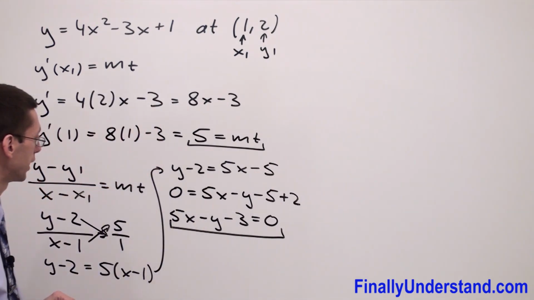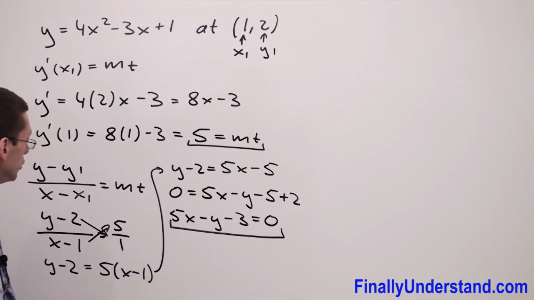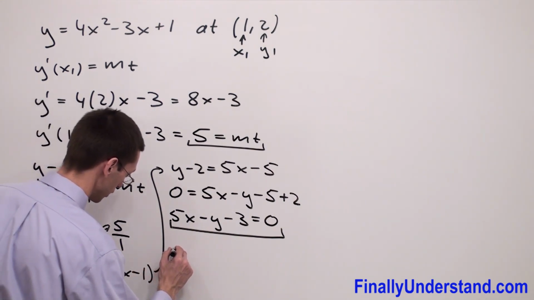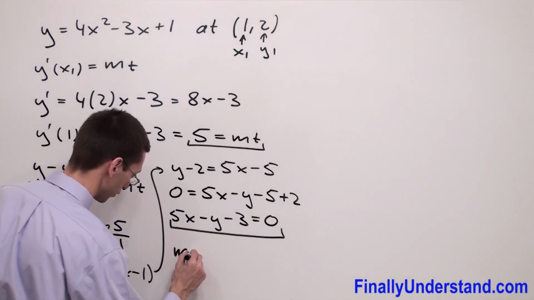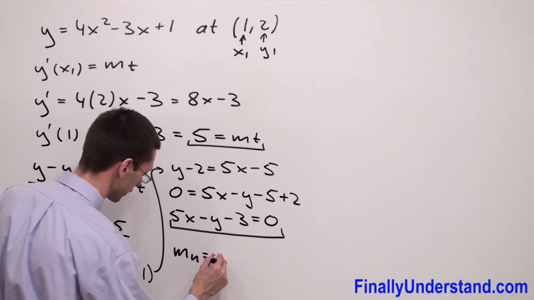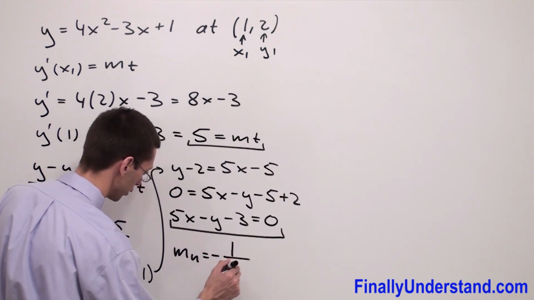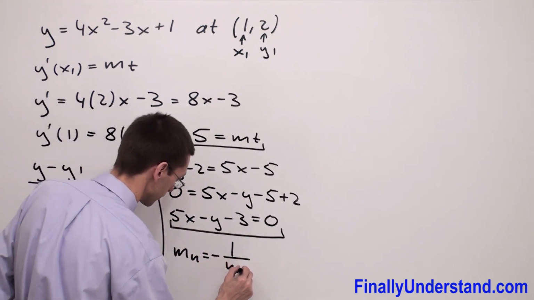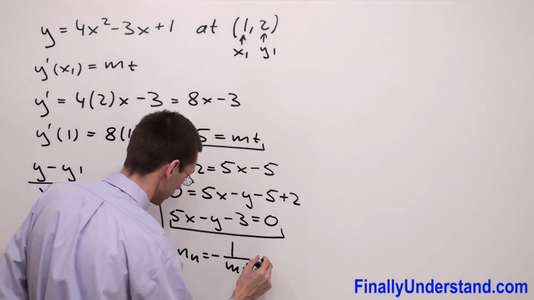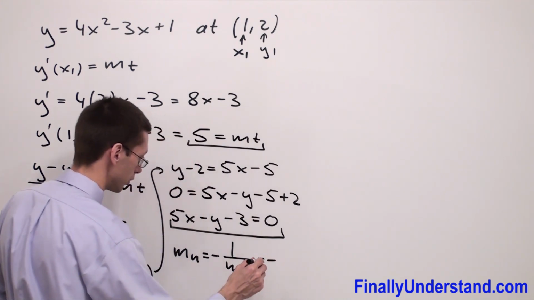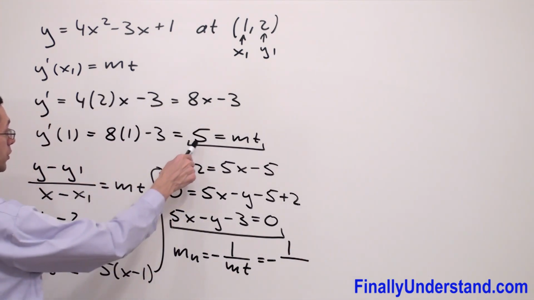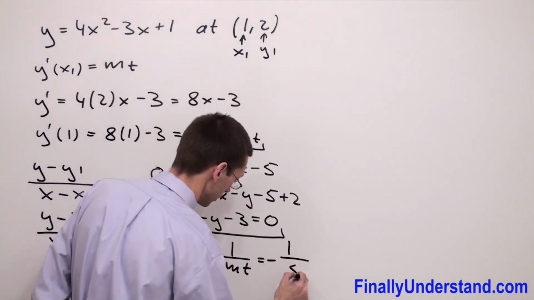Next, we're supposed to find the equation of the normal. Don't forget that we're supposed to find a new slope. The slope of the normal is the negative reciprocal of the slope of the tangent. So this is equal to negative 1 over the slope of the tangent we found, which is 5.